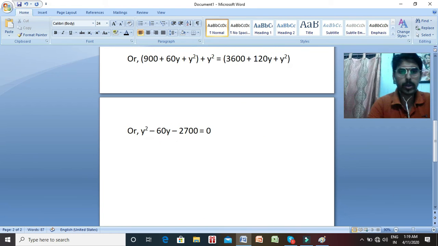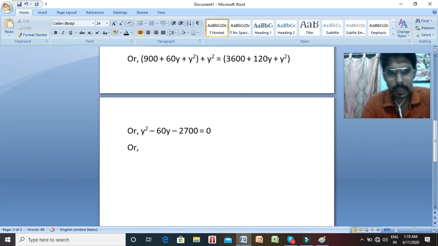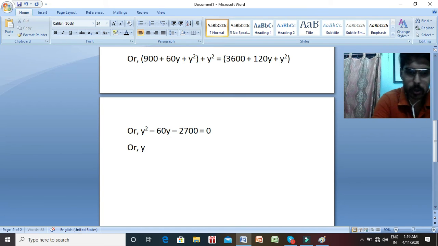Now all we need to do is factorize it. So it should be y square as usual, and now we can break it down.